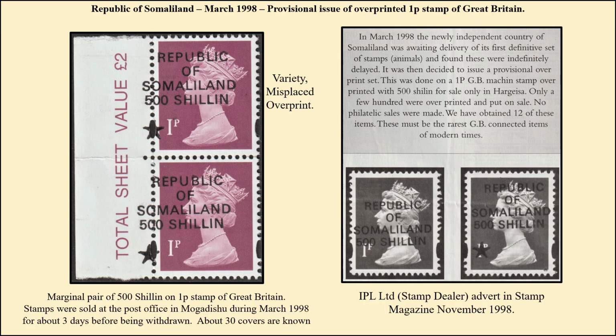Somaliland was originally a British protectorate founded in 1884, gaining independence on the 1st of July 1960. It then joined with what had been the Italian Somaliland to become the Somali Republic.